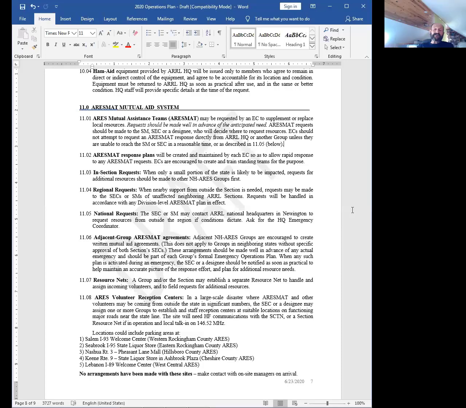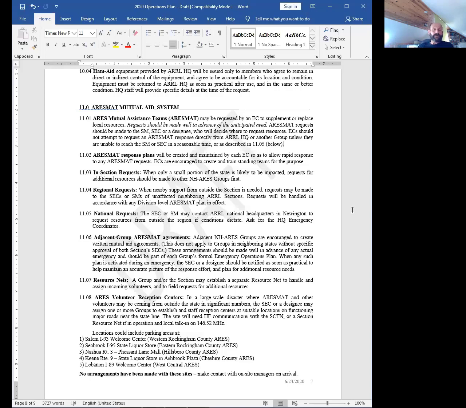So given that, has anyone built that into their group plan? Now, clearly, at the state level, all we do is talk about ARES MAT, but we don't have assets, so we don't really actually have the ability to deploy folks. We only can help to coordinate the deployment.